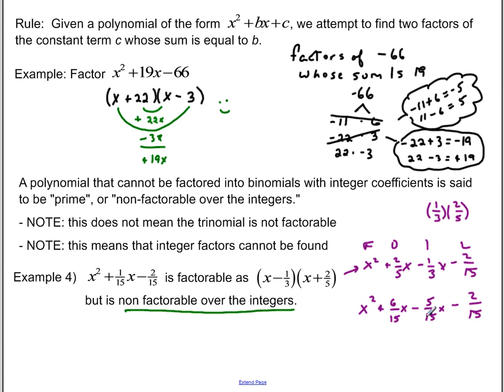And if we take positive 6/15 and subtract 5/15 x, we're going to get 1/15. So x squared plus 1/15 x minus 2/15 is our answer. And so it does work out. See, it is factorable, just not over the integers, right? So be very careful. We're going to concentrate on only integers for now. More in the next video.